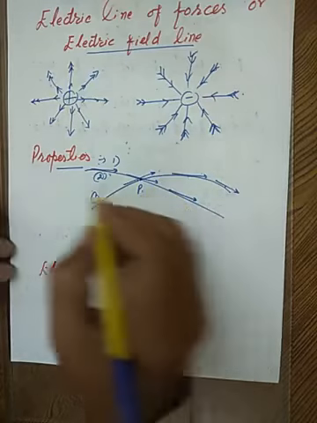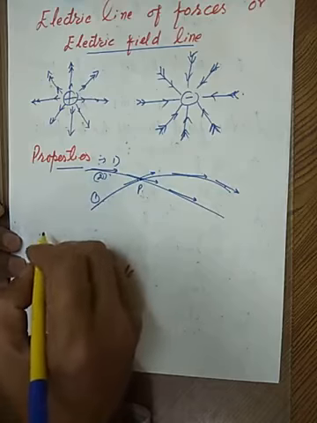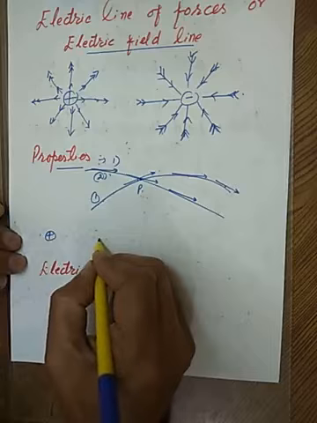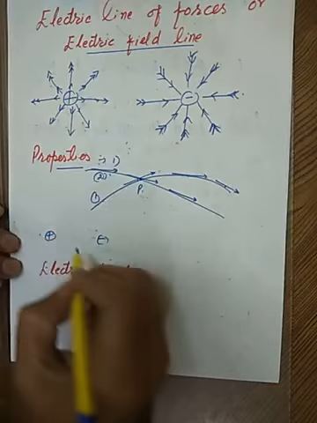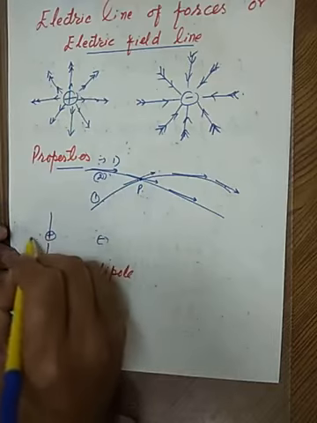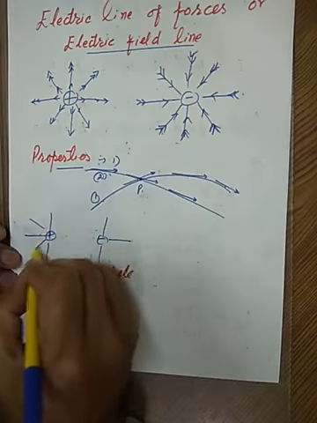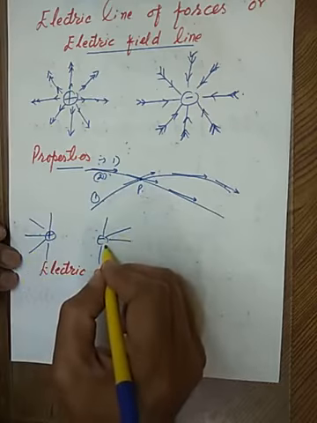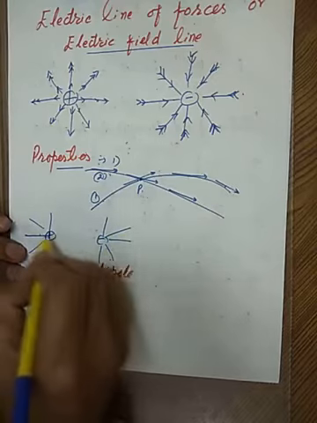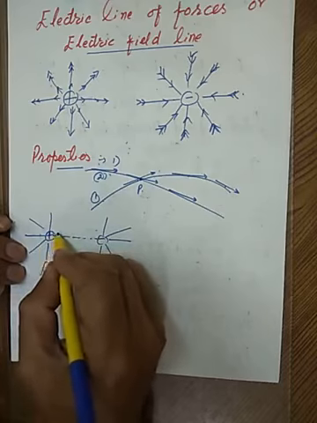And if we have two equal and opposite charges, let's say this is positive and this is negative, then the electric lines of forces due to these equal and opposite charges seem to be exerting a longitudinal tension along the line joining them, because their pattern here is like that.